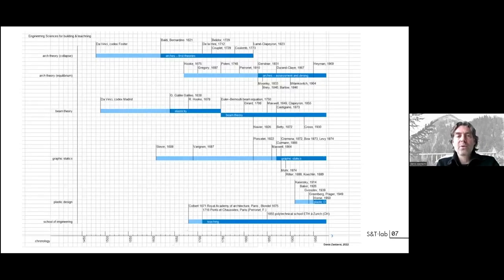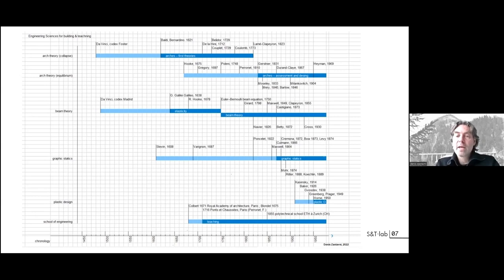If you look at this timeline, we have already seen it for arch theory and for collapse and equilibrium theory. Beam theory is new here. Again, Da Vinci proposed at the end of the 15th century the first research on beams, and Galilei, more than 100 years later, and Hooke and Bernoulli-Euler proposed some contributions.